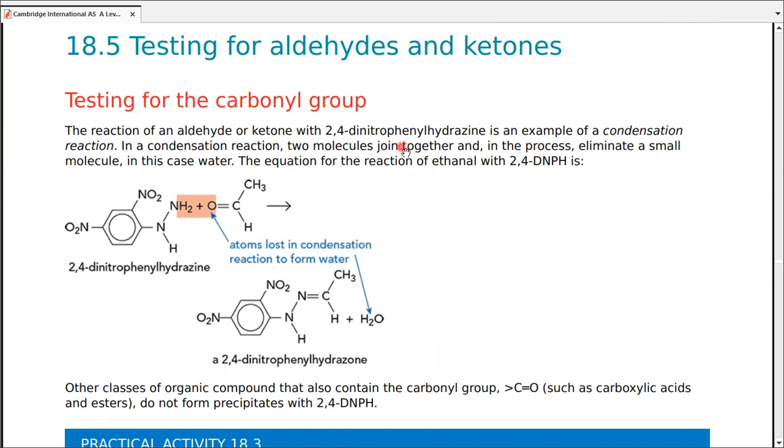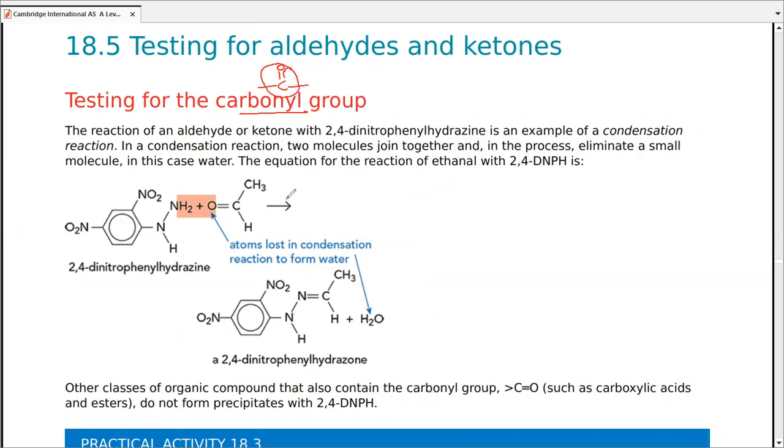So starting with the test for the carbonyl group. The first test is pretty easy since we're going to just test whether the carbonyl group is present or not. Both aldehydes and ketones are going to give this test positive since both have the carbonyl group present in them. When I use the term carbonyl group, I simply mean C=O. It really does not matter what is connected to the carbon.